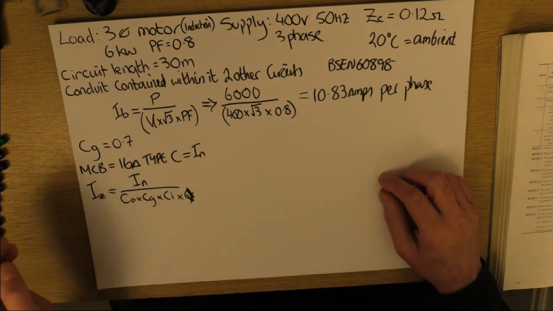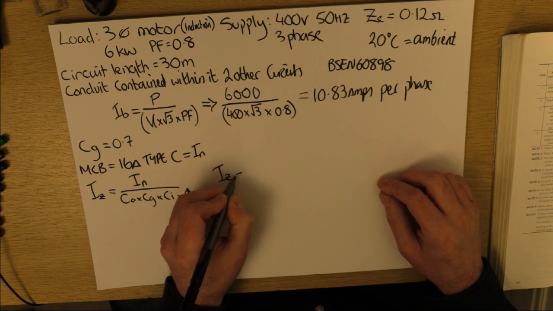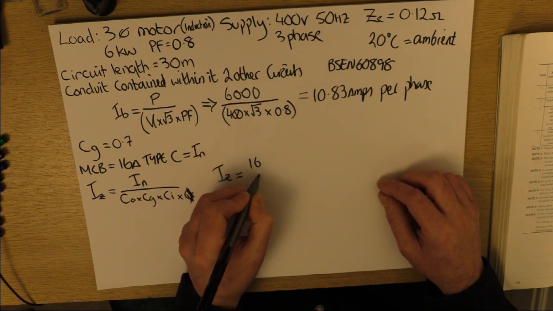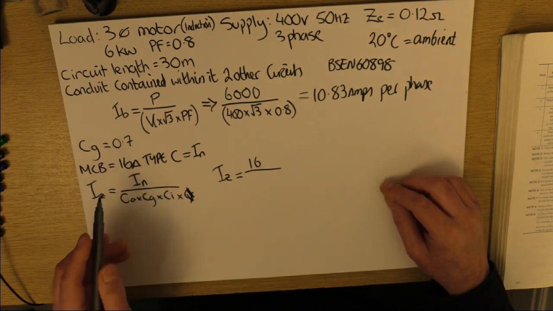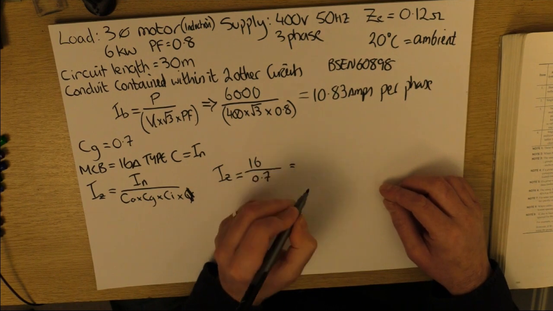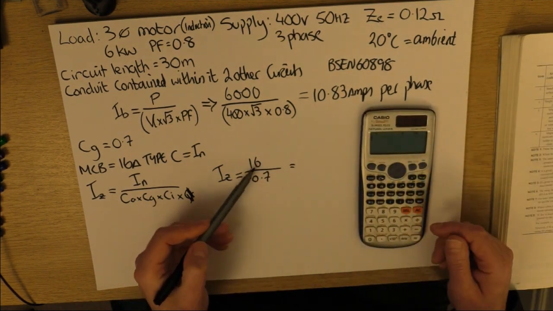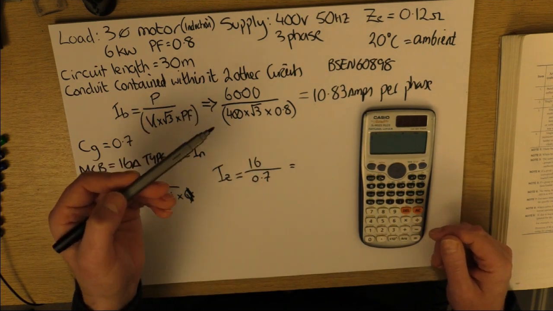So let's apply what we got, and then we can choose a live cable from that. So in our case it's 16 over our only factor, which is 0.7, and that's going to have the effect of going up from 16 plus, isn't it?